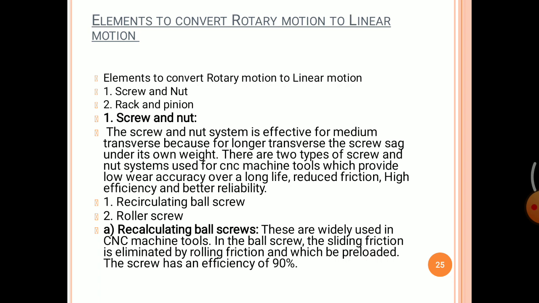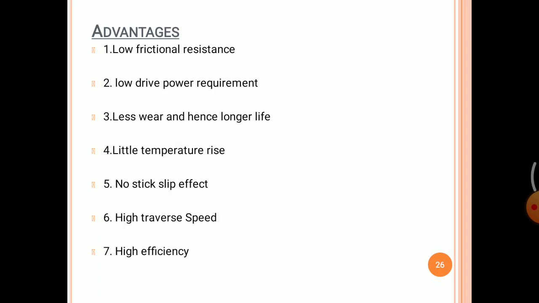The recirculating ball screws are widely used in CNC machine tools. In the ball screw, the sliding friction is replaced by rolling friction, and it can be preloaded. The screw has an efficiency of 90%. So this is about the recirculating ball screw and roller screw. Now, what are the advantages?